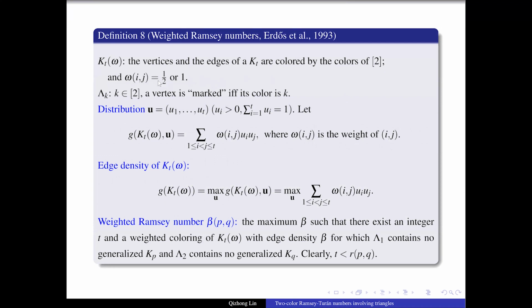We know the edge density of the weighted complete graph K_t^ω, g(K_t^ω), takes the maximum value over all u. One can refer to K_t^ω as the reduced graph of the corresponding generalized Bollobás-Erdős graph.